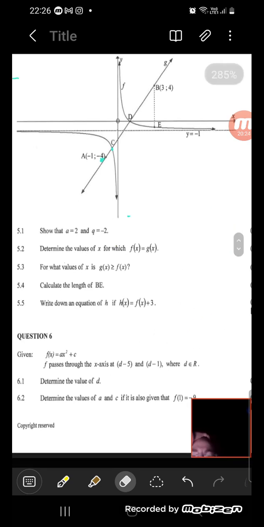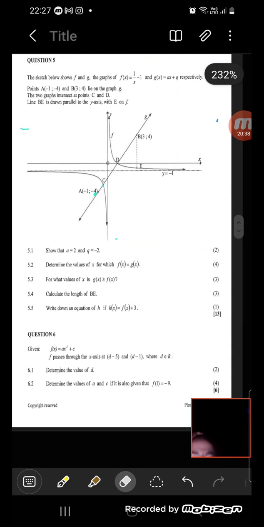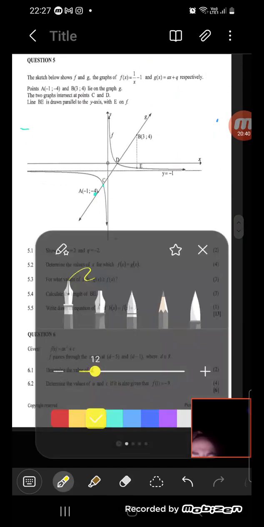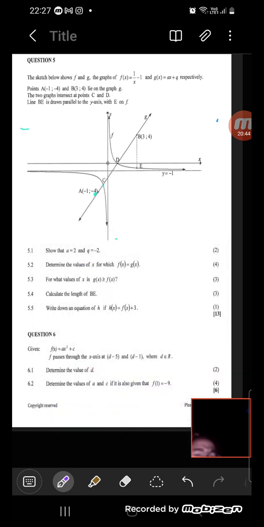Okay, cool. Determine the values of x for which f of x is equal to g of x. Fantastic. It means let's make them equal. This needs to come down. I will learn how to do this. Someone teach me, it's much easier than me failing. This is Samsung Notes, so I must look it up on YouTube.